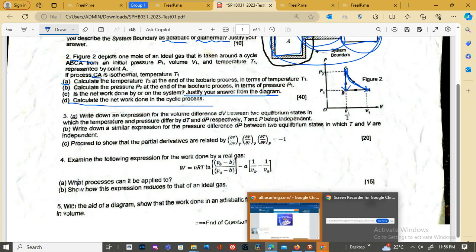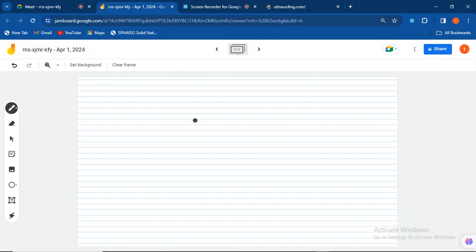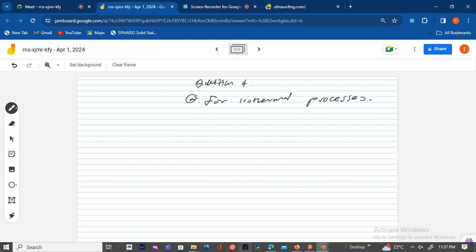What processes can this equation be applied to? The answer is isothermal processes.